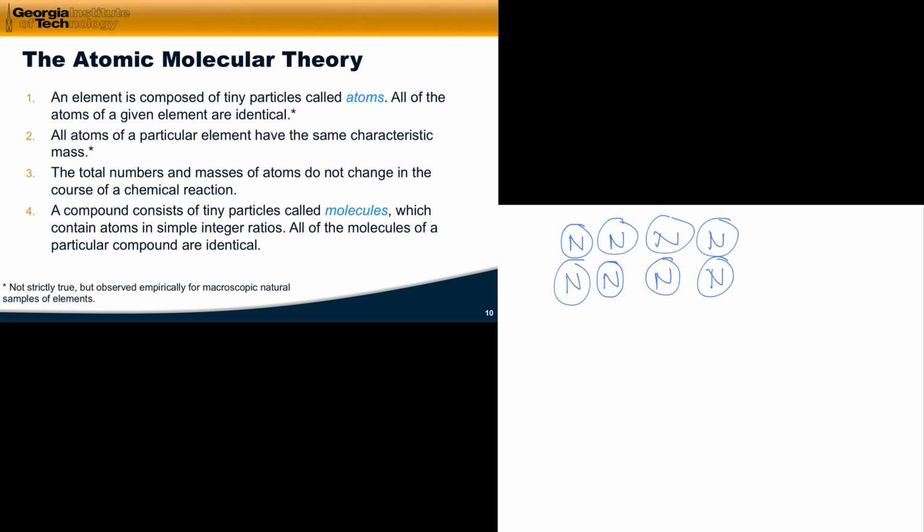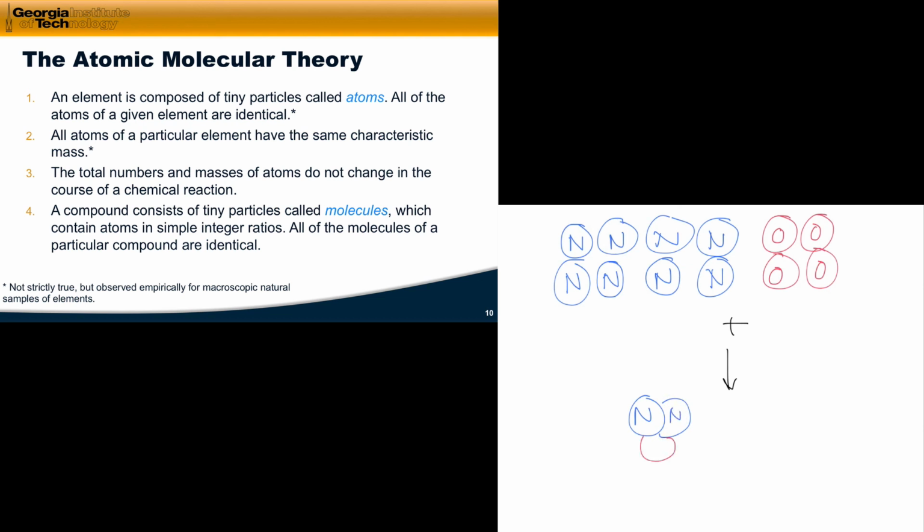So we can take a sample of nitrogen atoms, for example, and we can take a sample of oxygen atoms, and let's say we took 8 nitrogen atoms and 4 oxygen atoms, and we can combine these two to form a compound in which we have, say, 2 nitrogen atoms for every 1 oxygen atom, right?